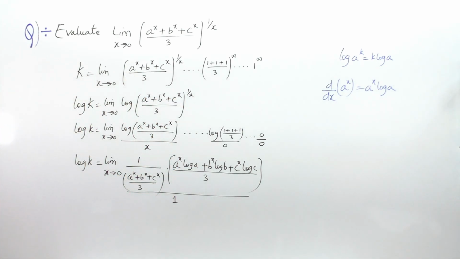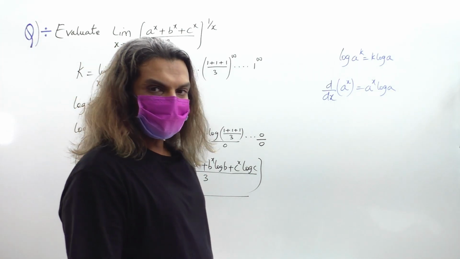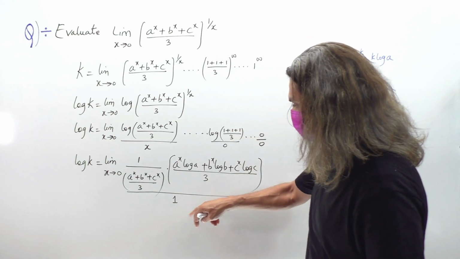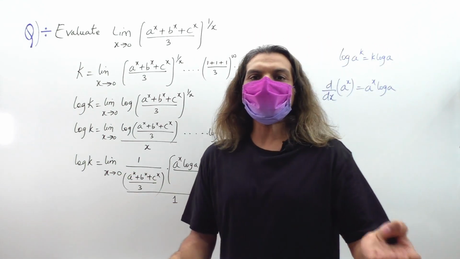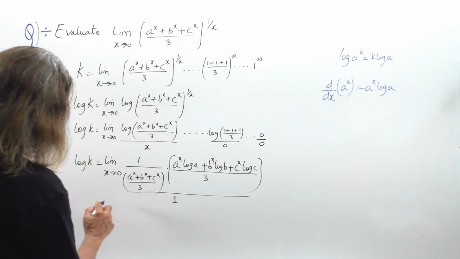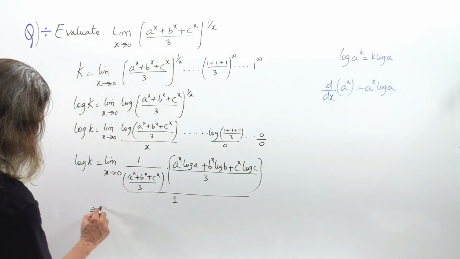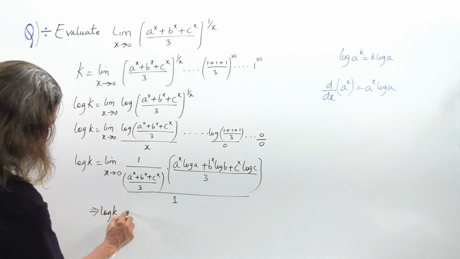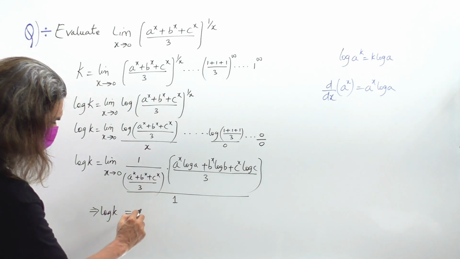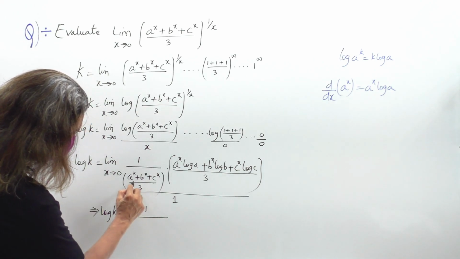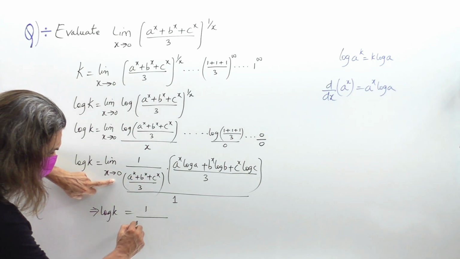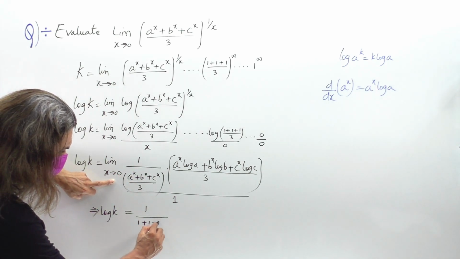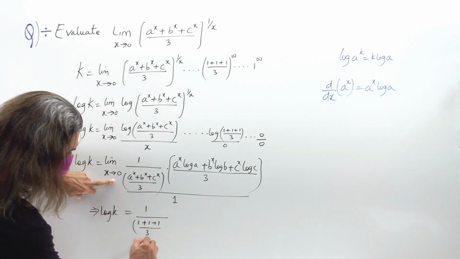This is what I get. Now I have got the differential 1 down here. So let's again apply the limits here. What is the limit? 0. So let's put the limit x tending to 0. This implies log of k is equal to this. Applying the limit here, this will be 1 upon, see again a raised to 0 is 1, put 0 here, a raised to 0 is 1, plus 1 by 3.